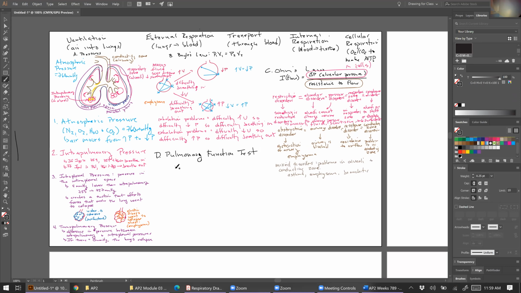And so what we're going to draw here is a graph. This is going to be time here, and this is going to be volume, and that's going to be in liters. I don't know why it draws a circle like that sometimes.